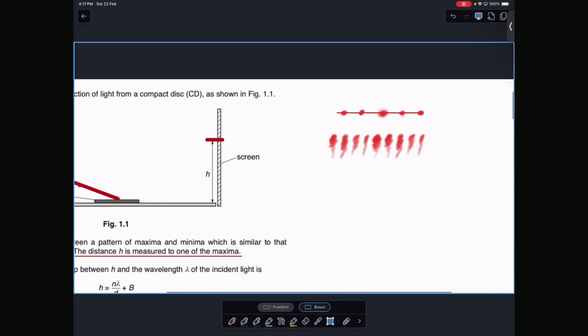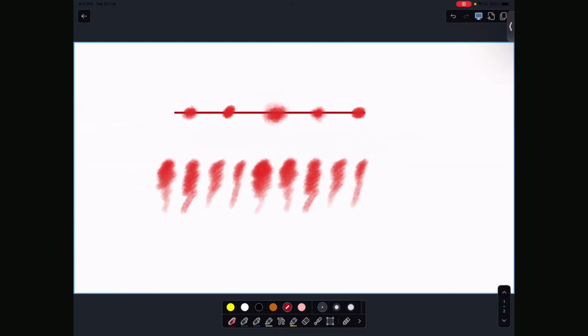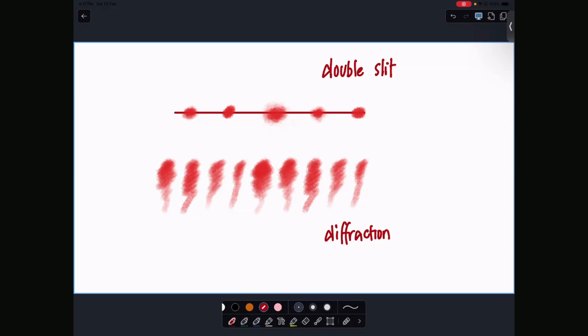One of them, the first one, was generated by what kind of a device? Double slit interference. That's a double slit, one of them. And what's the other one? Diffraction grating. Now the question is, which one here is diffraction grating and which is double slit? Which one is the diffraction grating, the one on the top or the one on the bottom?